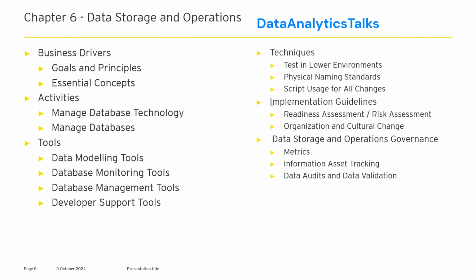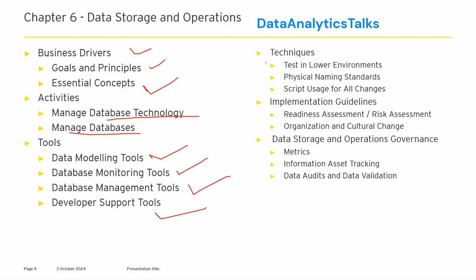Then as the sixth chapter, data storage and operations. Here also we will see the business drivers, goals, principles, and essential concepts around data storage and operations. Various activities like manage database technology, manage databases, then some of the tools like data modeling tools, database monitoring tools, database management tools, developer support tools.